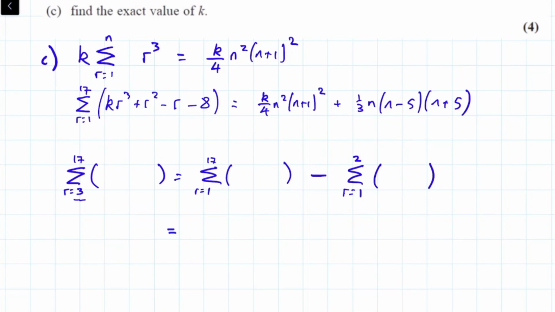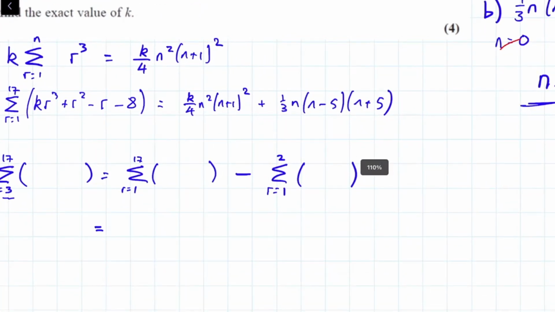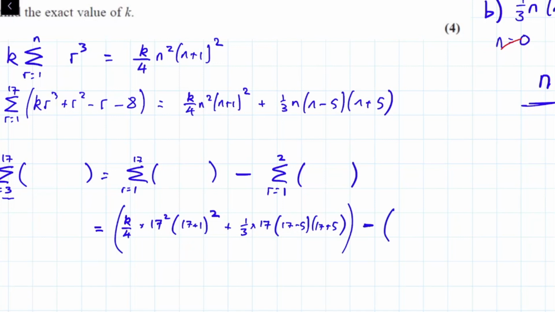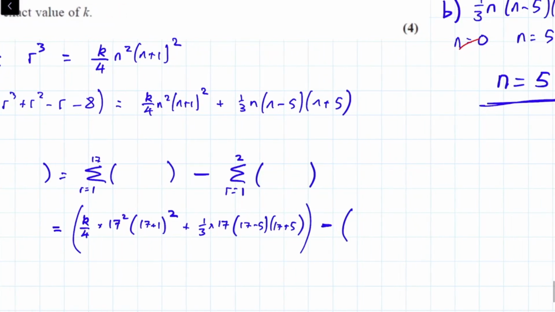Okay, so we've got up to 17. So we will have k over 4 times 17 squared, and then we've got 17 plus 1, or 18 squared, plus 1/3 times 17, 17 minus 5, 17 plus 5. So that will be the first bit, and then we're going to subtract the sum from 1 to 2.